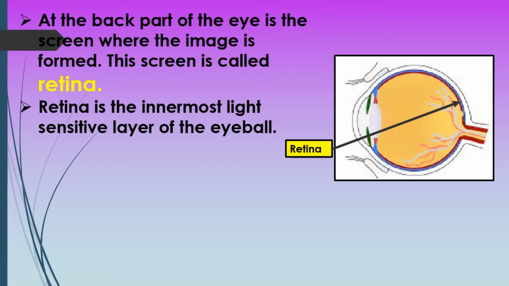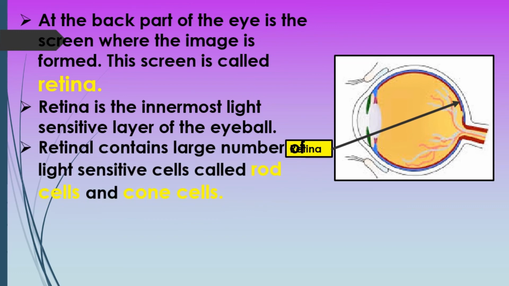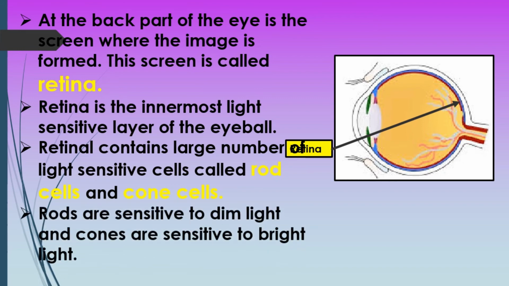They are of two types, rod cells and cone cells. These cells are sensitive to light. Rod cells are sensitive to dim light, while cones are sensitive to bright light. Cone cells also give us color information.